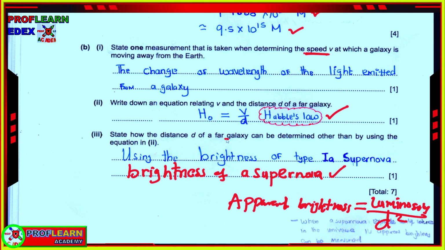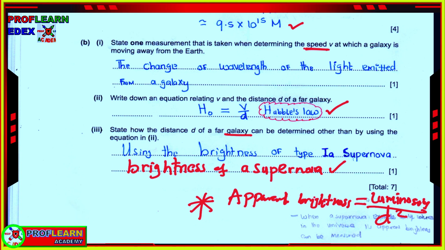What you are supposed to know is that another alternative of knowing the distance of a galaxy, instead of using Hubble's law, is to use the brightness of a supernova. But whatever I've mentioned here is just to make you understand how it's done, because astronomers can measure the apparent brightness and the luminosity of a supernova is known. Then they can use this formula to work that out. I believe we are together up to that point.